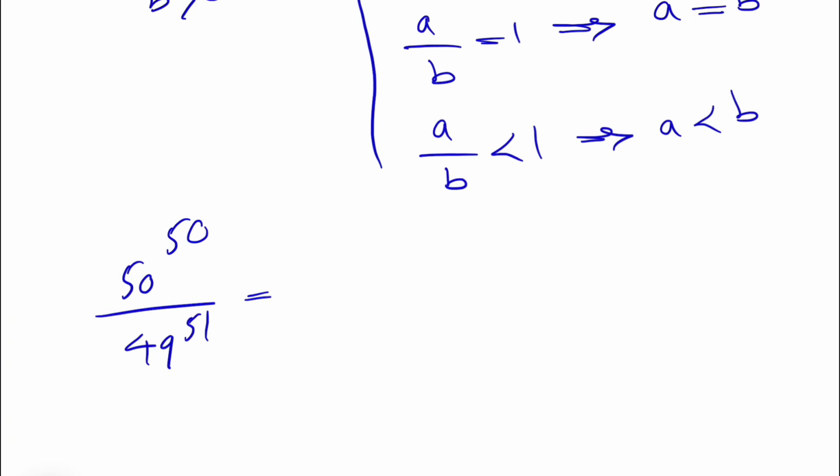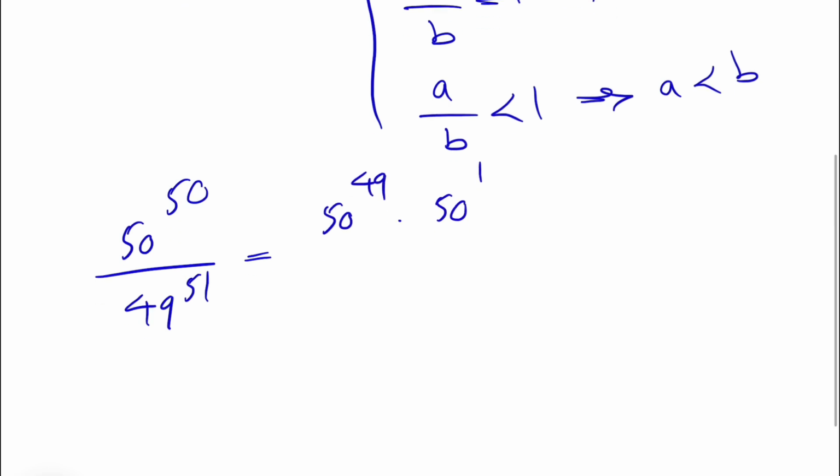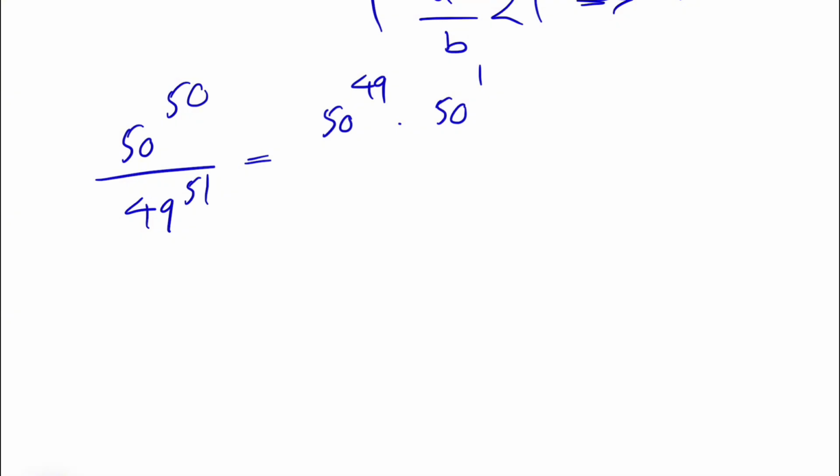So the first step, we're going to make the exponents similar to each other in the numerator and denominator. That way we can use some laws of the exponent to make this simpler. On the top part, we're going to do 50 to the 49 times 50 to the power of 1. And from the laws of exponent, we know a to the power of m times a to the power of n will be equal to a to the power of m plus n.